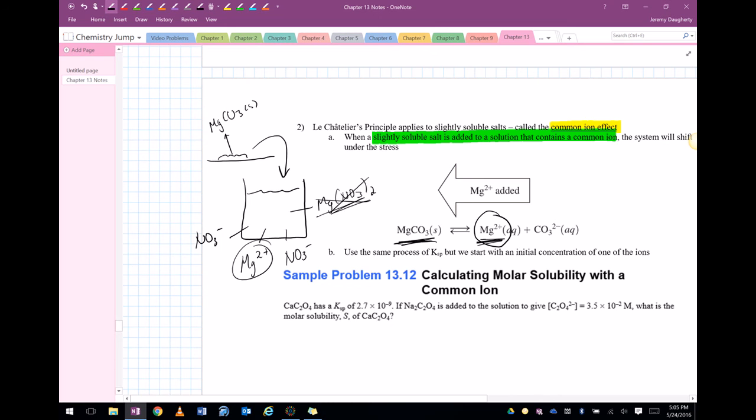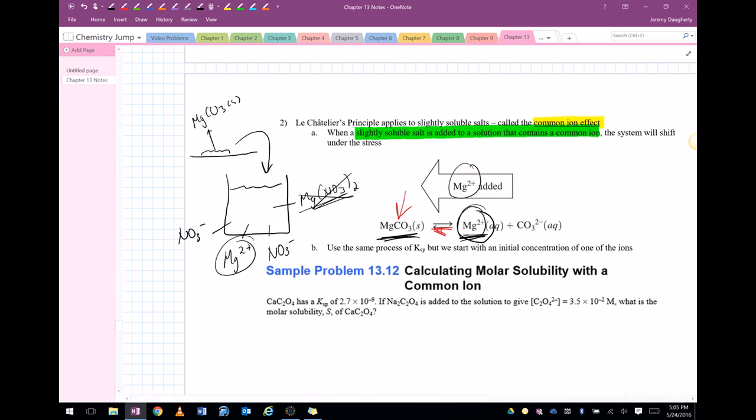So it's got a common ion, the magnesium ion from the nitrate and the magnesium ion from the carbonate, so it's going to shift to the left. What that means is I'm going to form more solid magnesium carbonate than I should. So it's going to precipitate out. It's going to come out of solution.